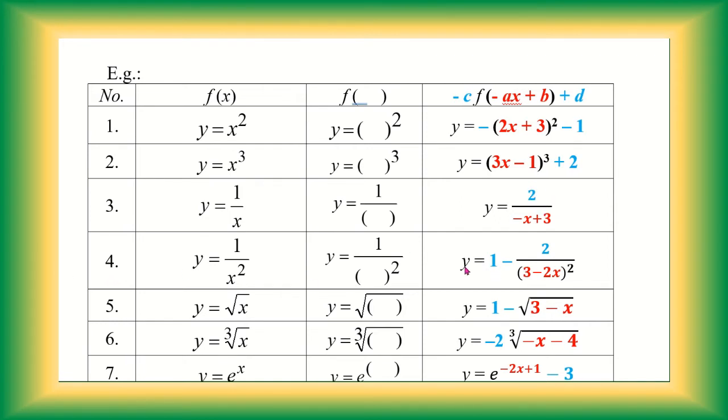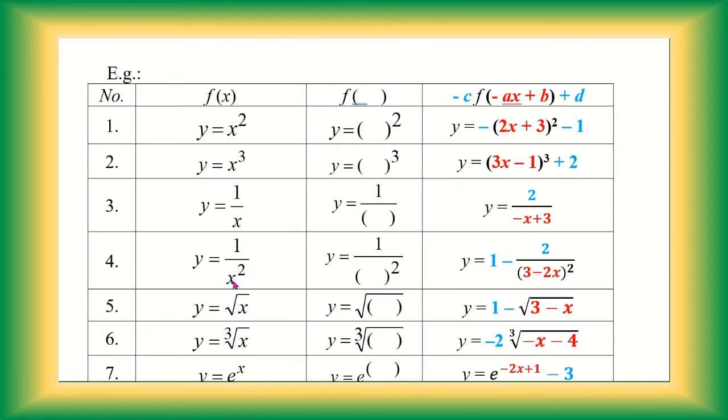Example number 4, y equals 1 minus 2 over (3 minus 2x) power 2. From here we can see that the parent graph is 1 over x power 2.